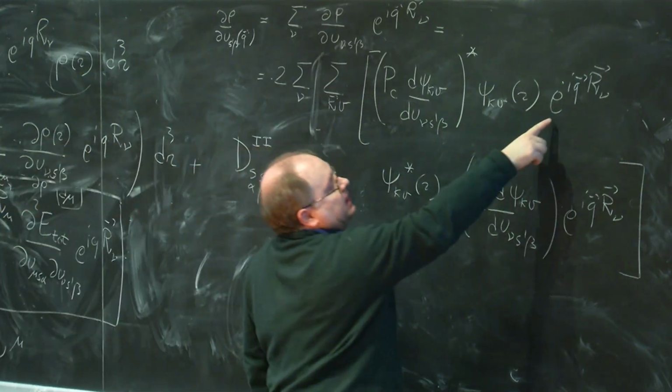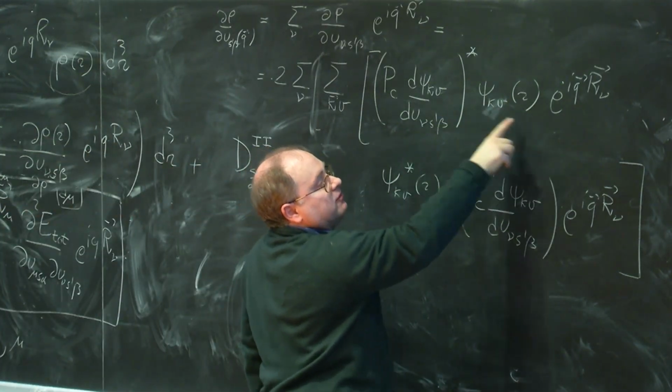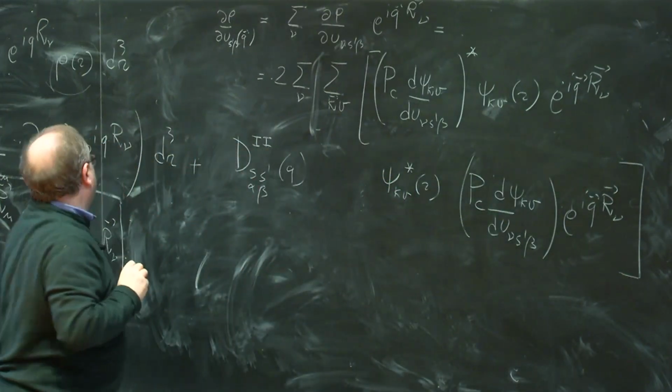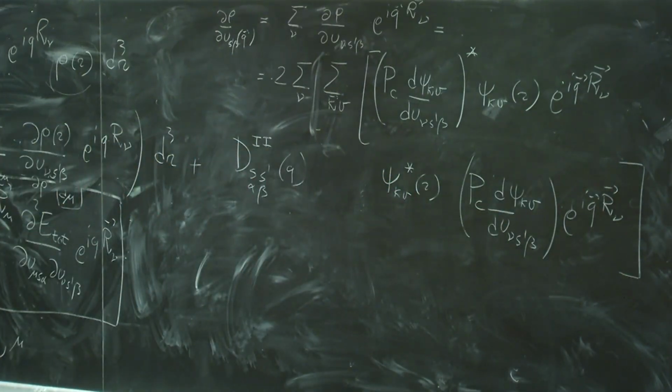We can bring this inside the complex conjugate if we put a minus e to the i q r nu, and this is what is written there with the e to the minus i q r nu.